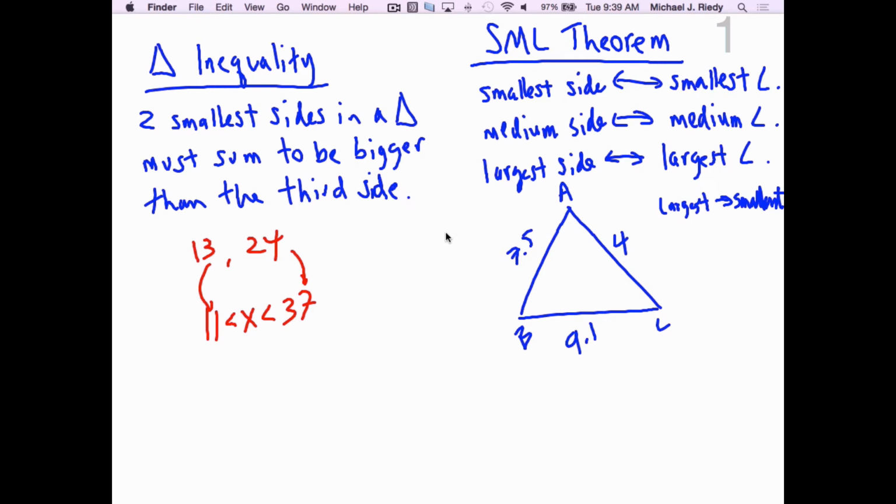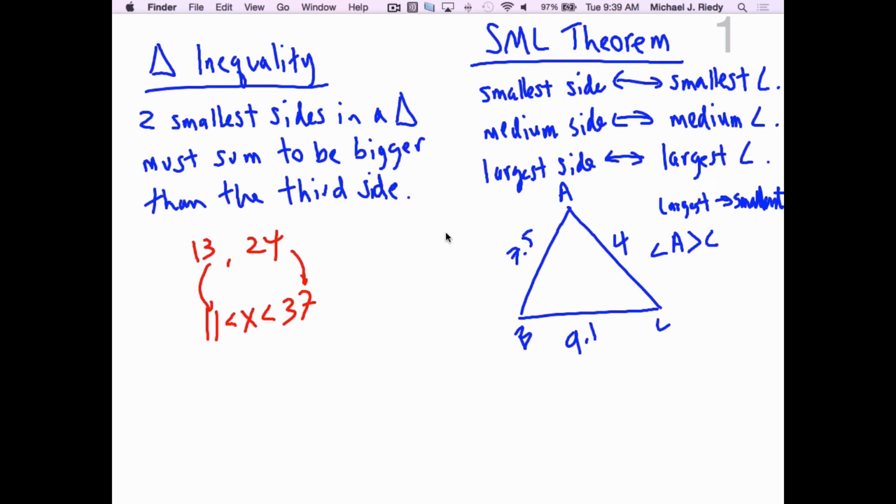Which angle is the biggest? A. Why? Because the opposite side is the largest side. So angle A is bigger than both angles B and C. Which one's the middle angle? C. We want to list them from largest to smallest.